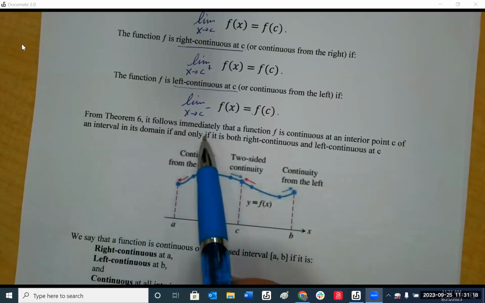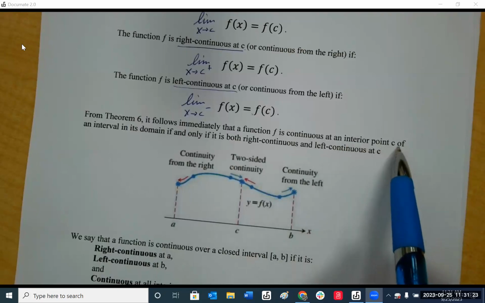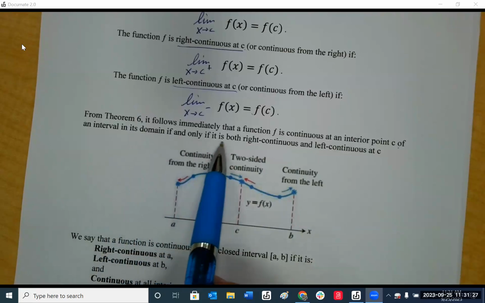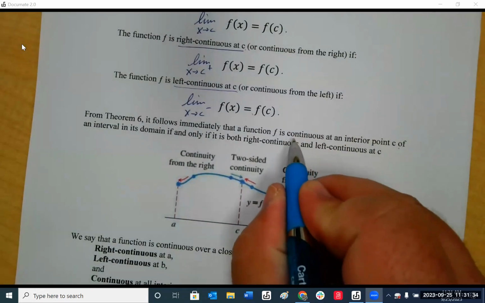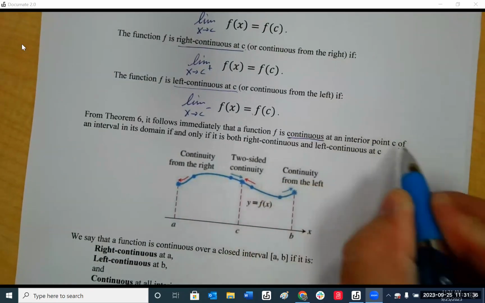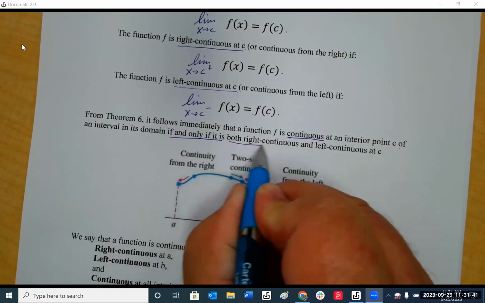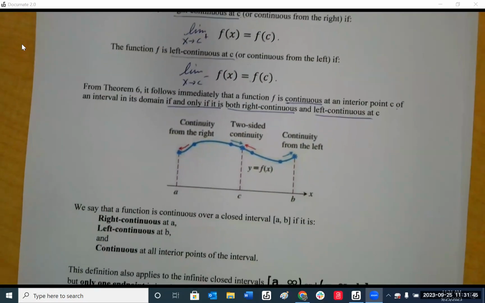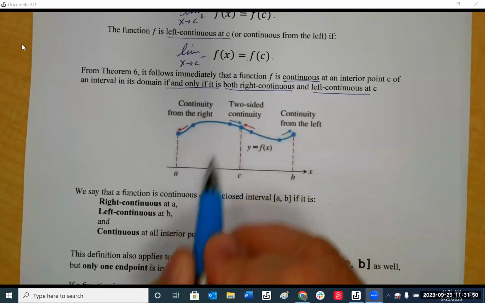Theorem 6 told us that the function f is continuous at a point c of an interval in its domain if and only if it is both right continuous and left continuous. So there is a distinction. So it's continuous here because it goes from the right and from the left.